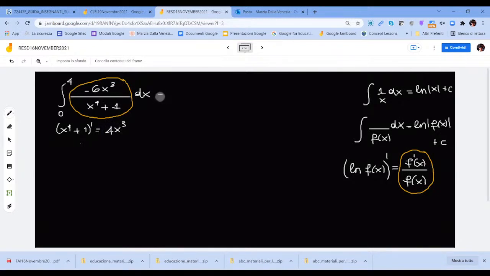But this is not a problem for us, because we have minus 6 that belongs already to our integral. And then you have to multiply by 4 and divide by 4, because this is exactly equivalent to 1.